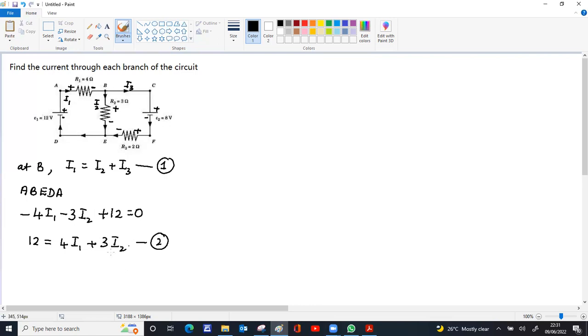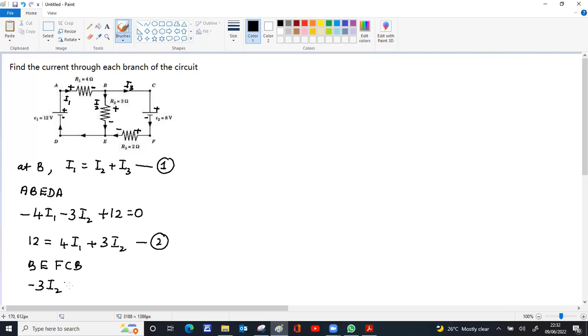Now going to the next loop. B, E, F, C, B. B to E, it's entering through positive and leaving from negative. So minus 3 I2. E to F, it's entering from negative and leaving from the positive.